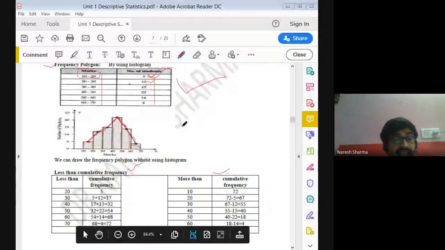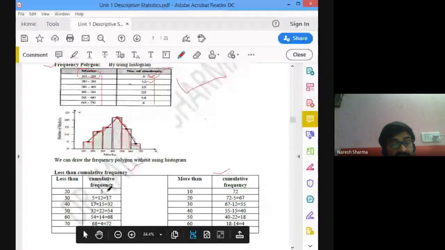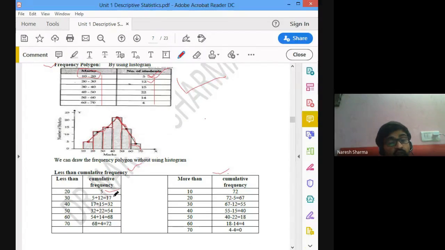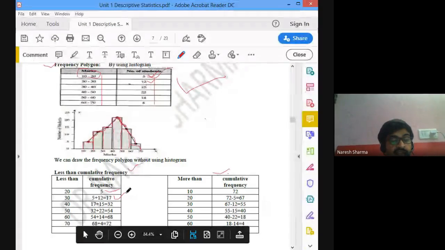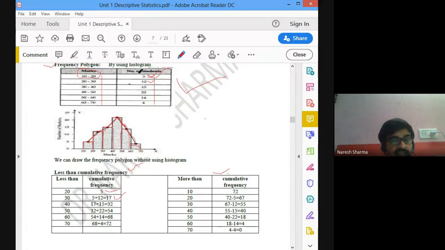So in that case, in less than 30, our 10 to 20 and 20 to 30 are also part of less than 30. So for less than 20, we write 5 only. But in less than 30, we write 5 plus 12. Hope it's okay.